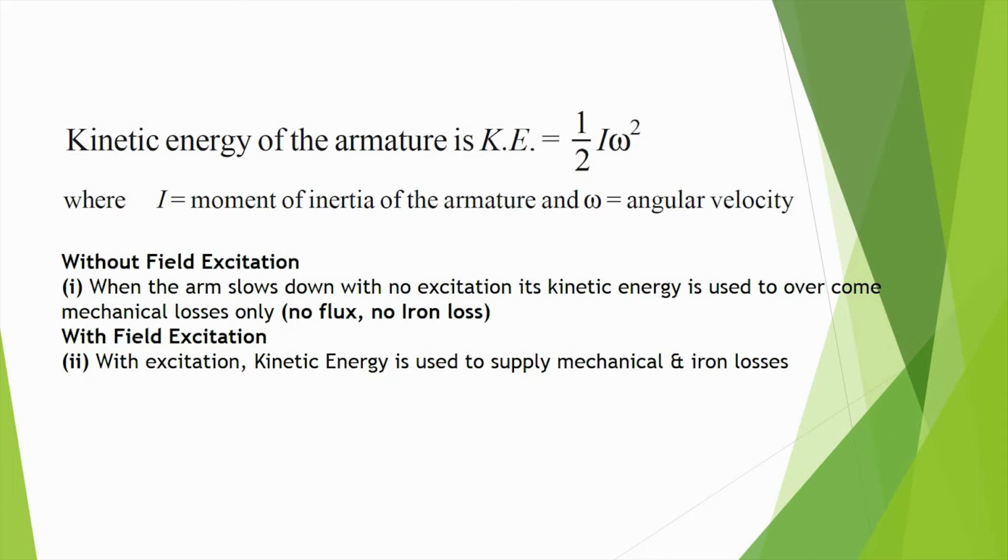Similarly, if we cut off the motor from the supply with field excitation, there will be iron loss also, in addition to the mechanical loss. So without field excitation we have only mechanical loss, and with field excitation we have mechanical plus iron loss.